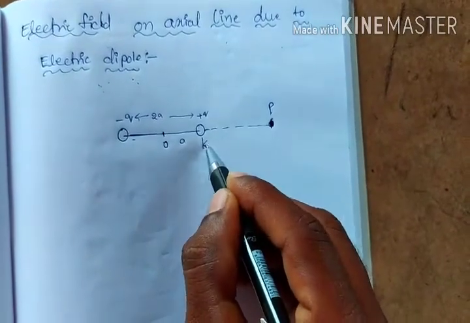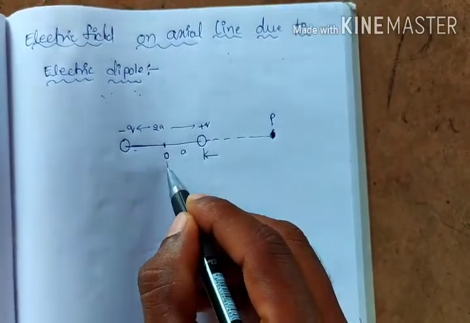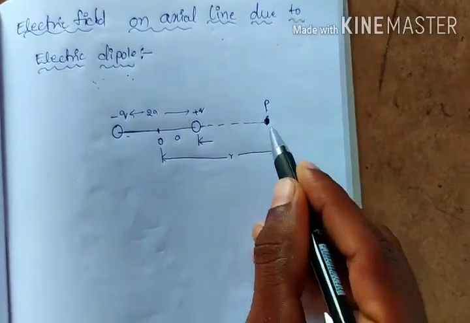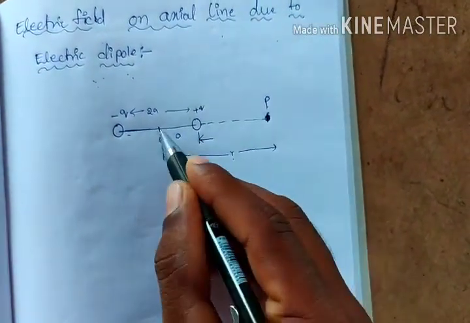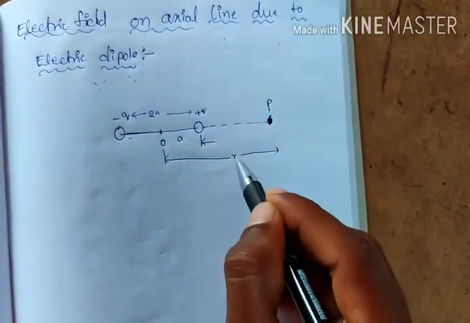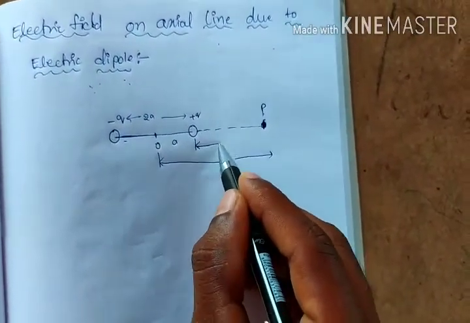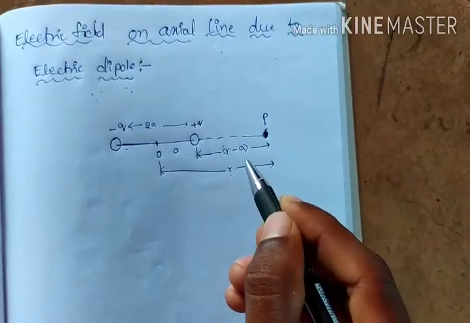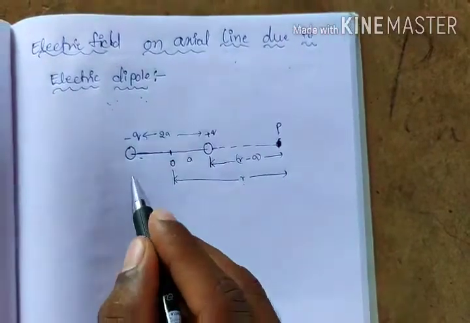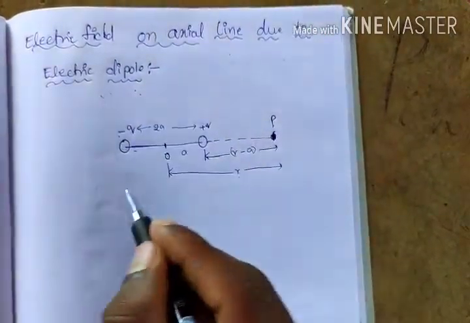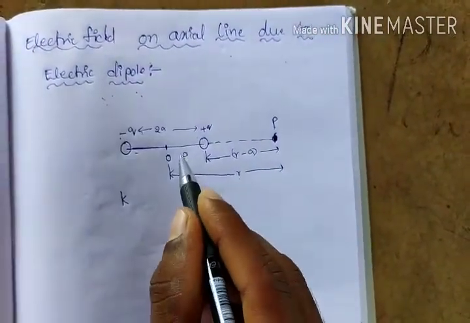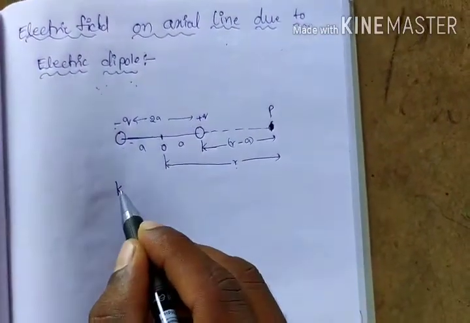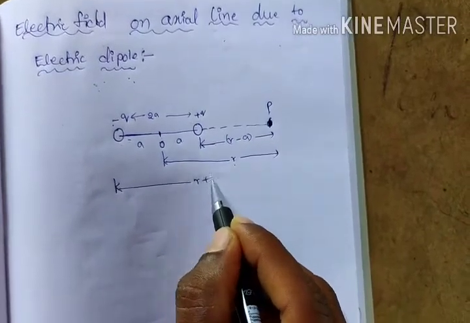Suppose from the center to point P the distance is r. So from the center of the dipole to P is r, and the remaining distance from plus Q is r minus a. I hope you understand. Next, from the minus Q charge to point P, how much distance? From here to here is a and from here to here is r, so the total effective distance is r plus a.